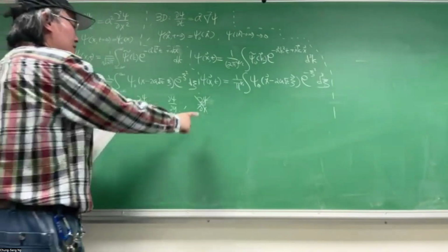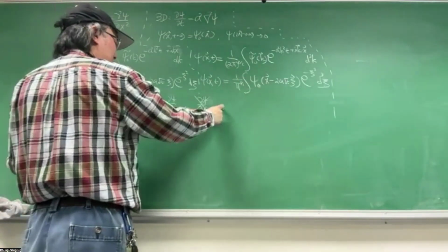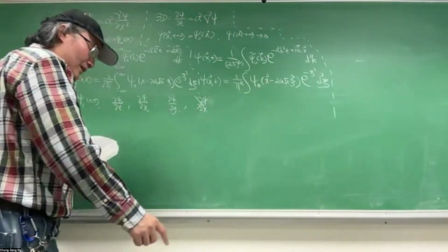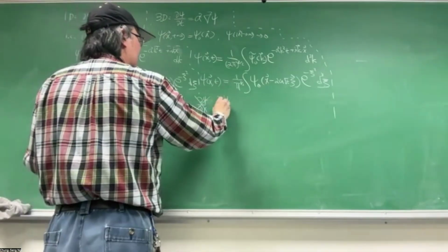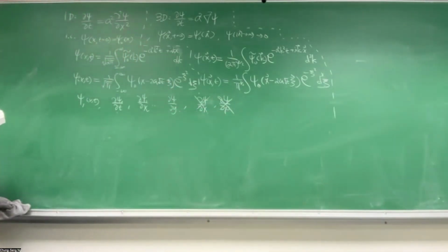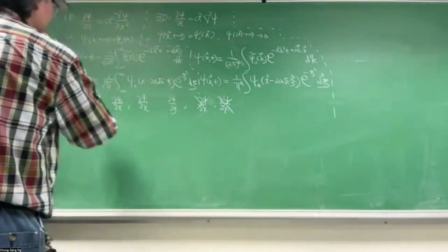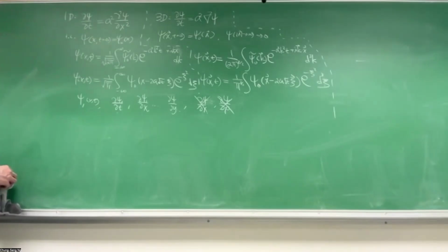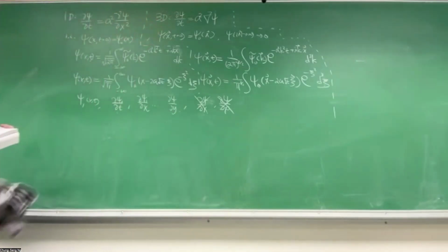So this is not good. The radial coordinate in cylindrical coordinates is also not good, and will not give you a solution. Okay, so that's another quick way to build up different solutions.